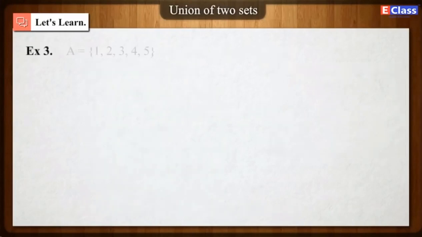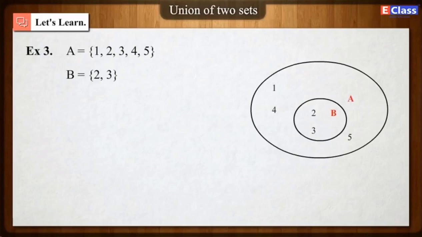Example 3. A is equal to {1, 2, 3, 4, 5}. B is equal to {2, 3}. Let us draw its Venn diagram.